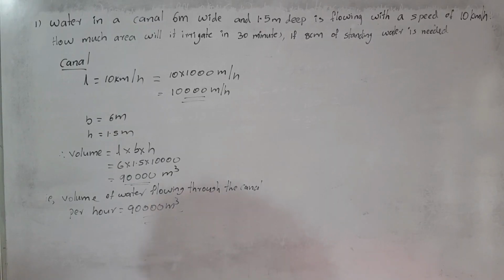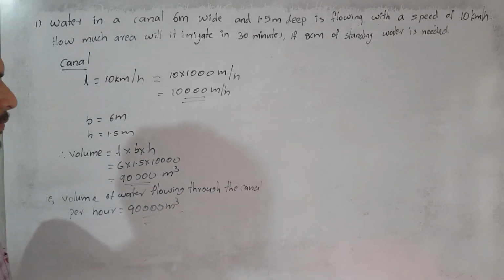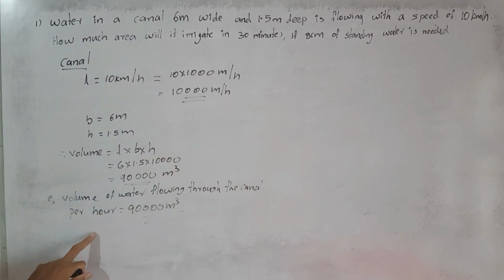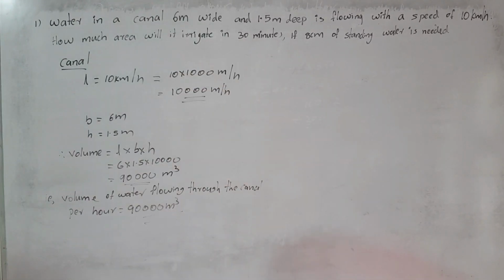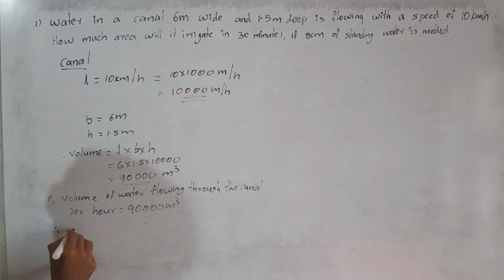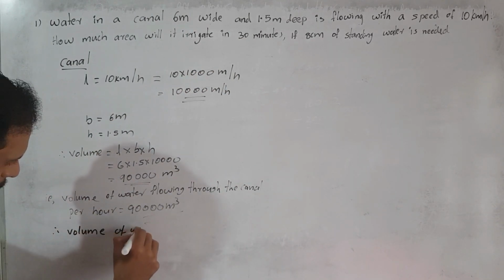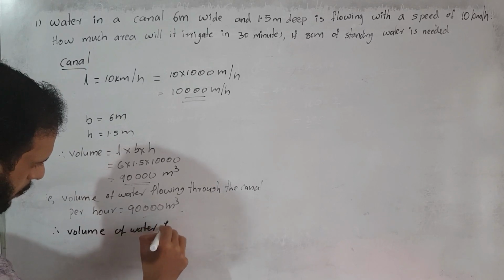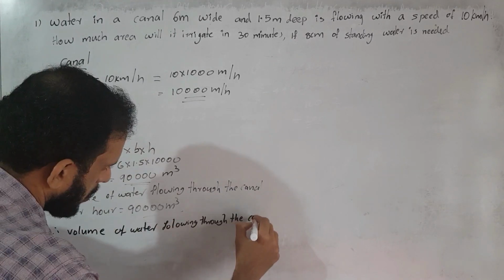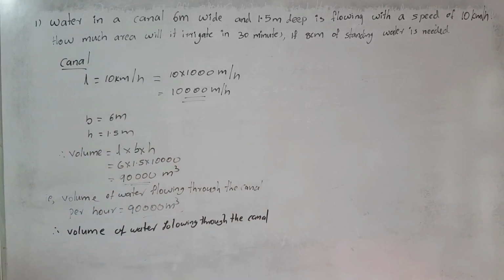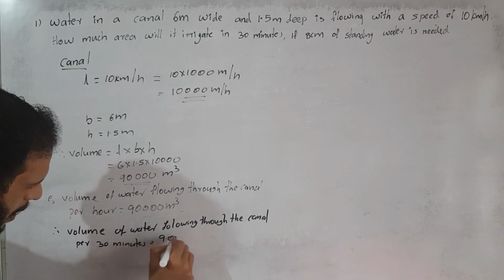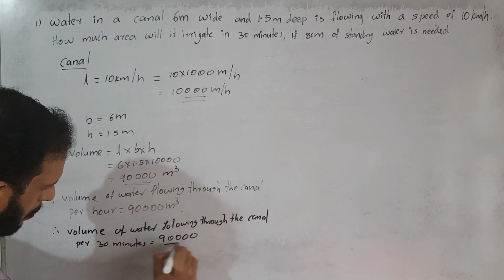Okay, then volume of the water flowing through the canal per hour is equal to 90,000 meter cube. Okay, but we needed the volume of water flowing through the canal not per hour, we needed in 30 minutes. Correct. Therefore, volume of water flowing through the canal per 30 minutes is equal to 90,000 by 2.